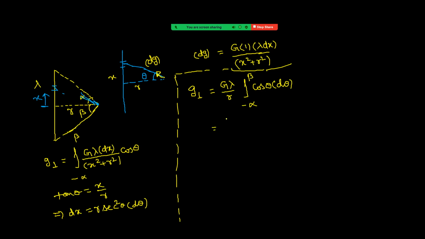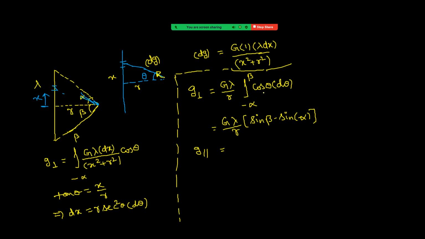Integration of cos is sine. So G lambda by r, sine beta minus sine of minus alpha. This is the normal component of g. If you want to calculate the parallel component, see where the change comes: in the place of cos, we have to write sine. Everything is as it is, the only change is the sine.